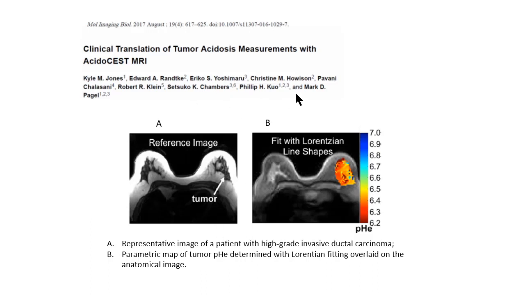And this kind of study has actually already been brought to the clinical level. This is a paper from the group of Marty Pagel in the United States, in which he investigated tumor acidosis in breast tumors, mapping pH, and in particular monitoring treatment and following the pH.